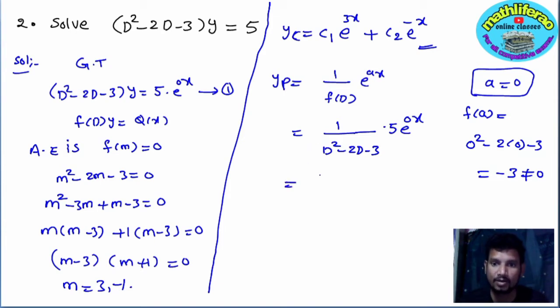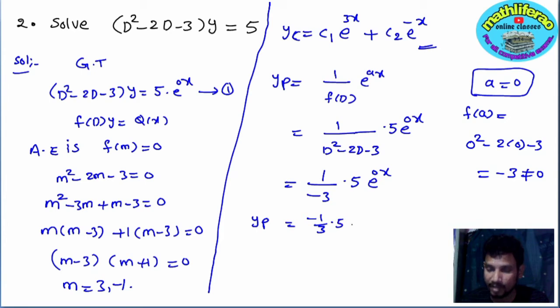Okay, then 1 by f of a value here minus 3 into 5 into e to the power 0x. When only a constant term is there, we should take e power 0x. Okay, so here e power 0x means 1. So then particular integral yp equal to minus 1 by 3 into 5, means minus 5 by 3. This is the particular integral. This is the complementary function.